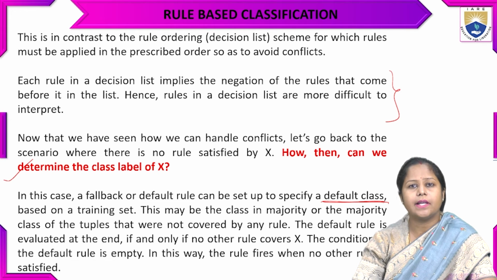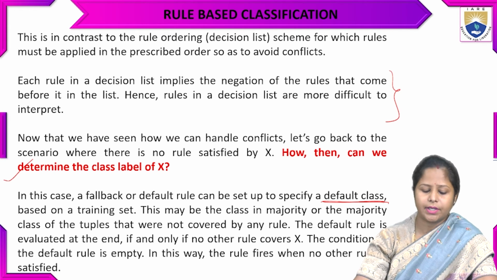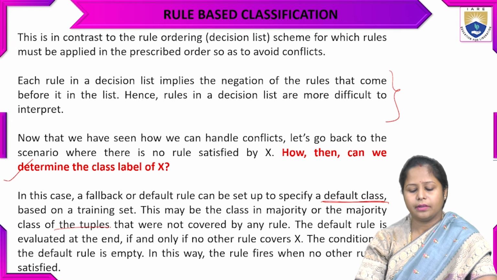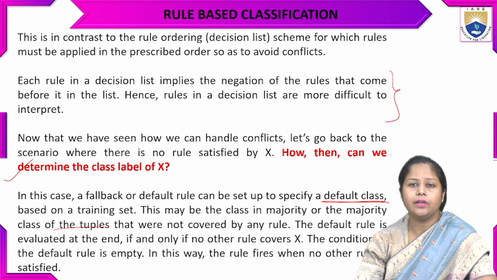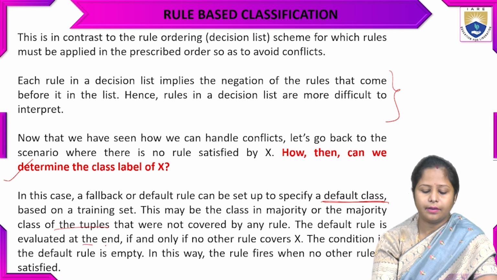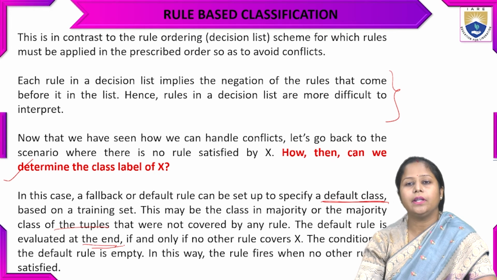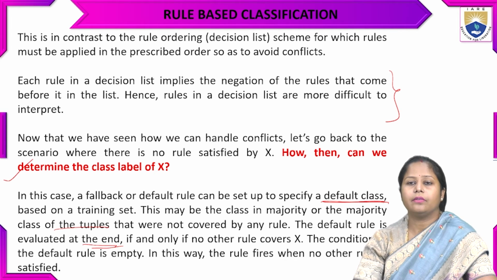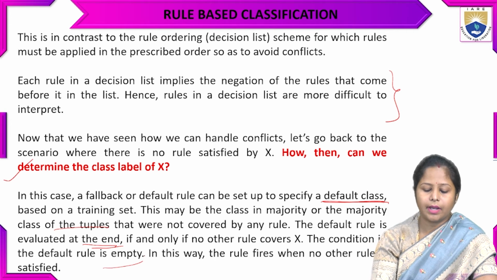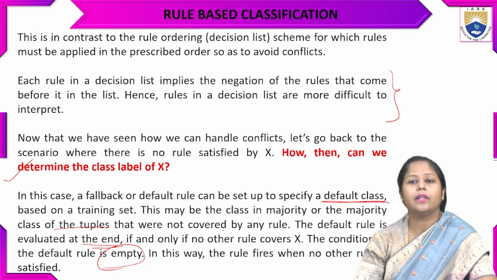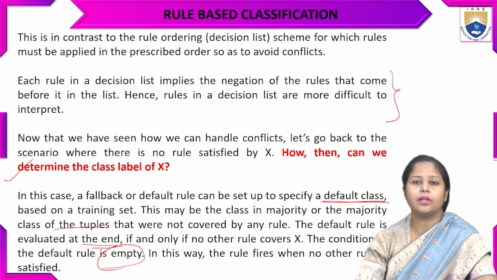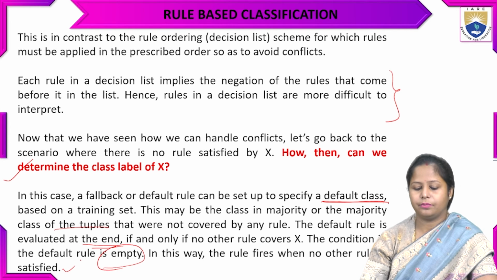This may be the majority class, or the majority class of the tuples that were not covered by any rule. The default rule is evaluated at the end, if and only if no other rule covers X. The condition in the default rule will be empty. In this way, the rule fires when no other rule is satisfied, right?